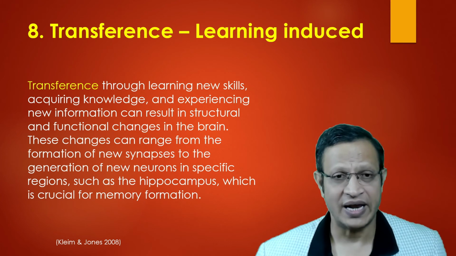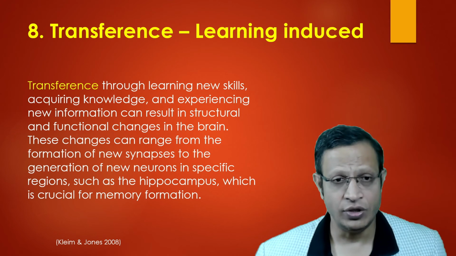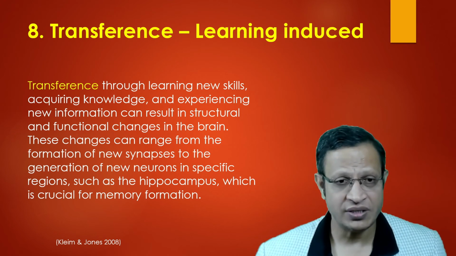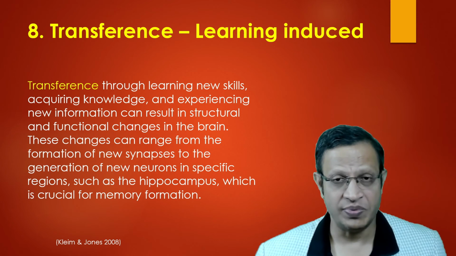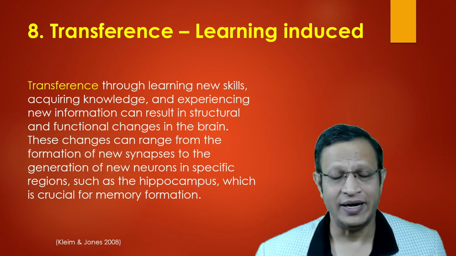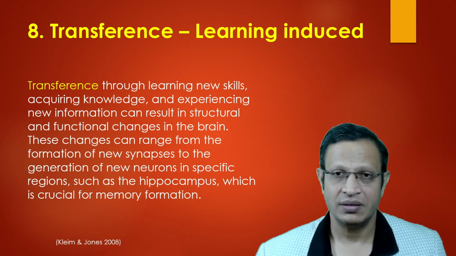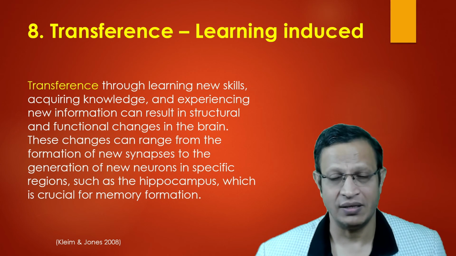The next one is transference, learning induced. That means learning new skills, acquiring new knowledge, experiencing new information can result in structural and functional changes in the brain, my dear friends. That means just because one person is old should not stop learning. The elderly population need to read newspapers, various articles, magazines, and whatever best learning methodology they can learn.